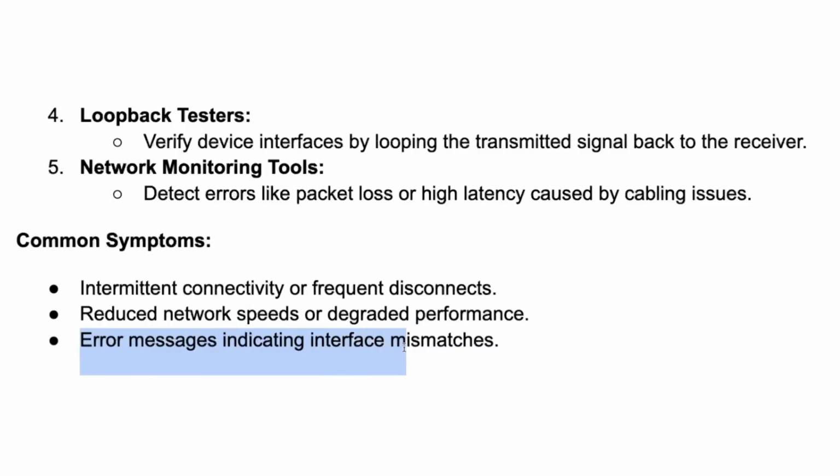This usually would happen when you're first trying to set something up. This shouldn't be something that shows up later on after the network has been running smoothly for several months. Or at least in my opinion, I don't think this would show up after it's been running smoothly. It's usually when you're first connecting something and making sure you have all your connections, then you would get, hey, there's a mismatch for your interface or your cabling or your transceiver, etc.